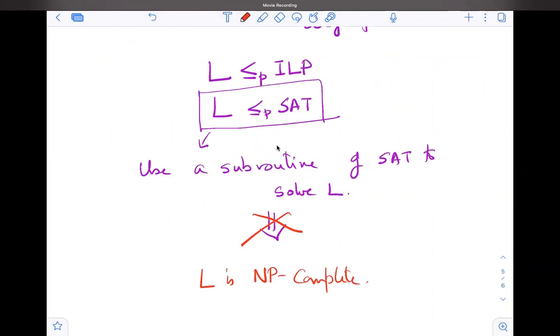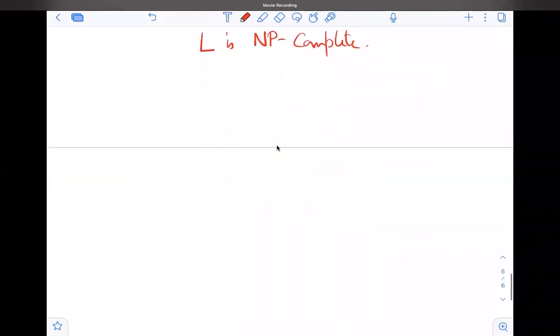In fact, if you think of even simple questions like, is there a longest common subsequence of size k? Is this problem NP complete?